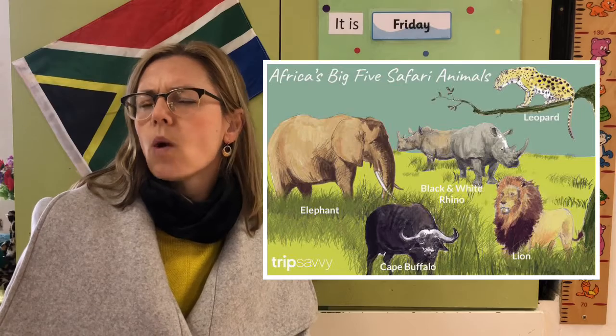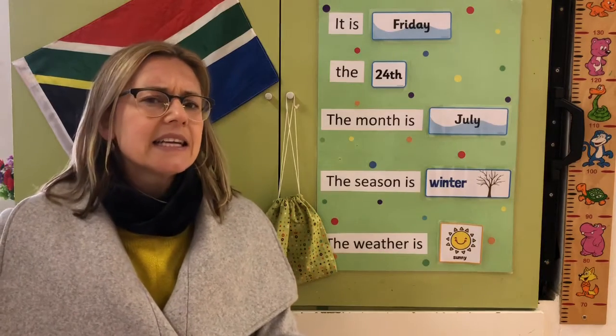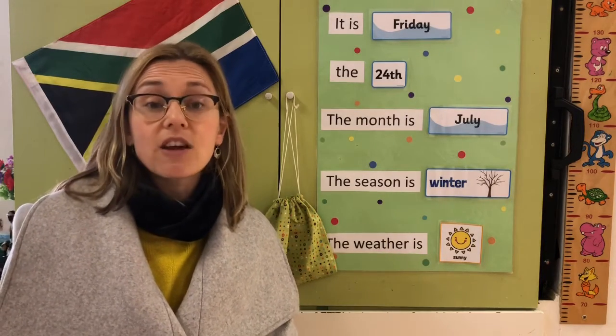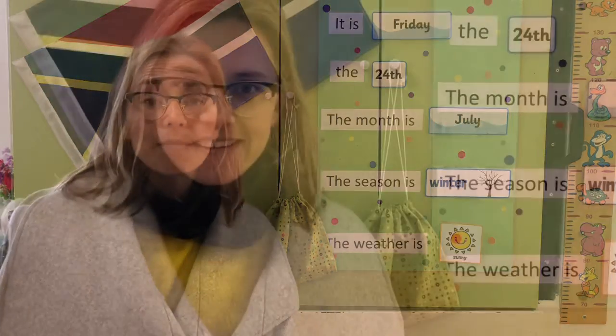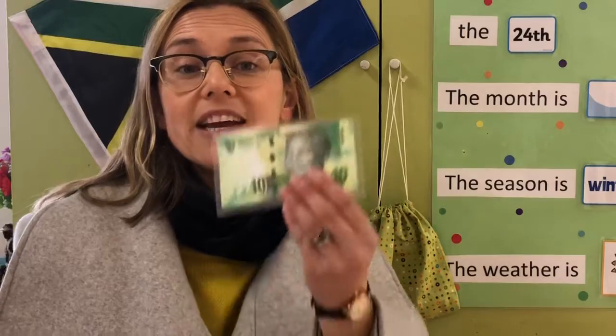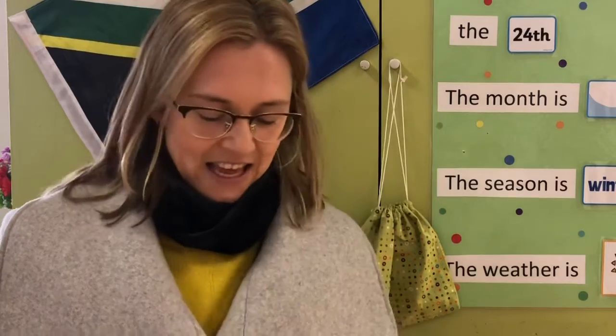And now, what about the colors and animals on our South African banknotes? The money. Do you remember what animal is on the green note? Yes, the rhinoceros. And what's the next note that comes after 10? The 20.